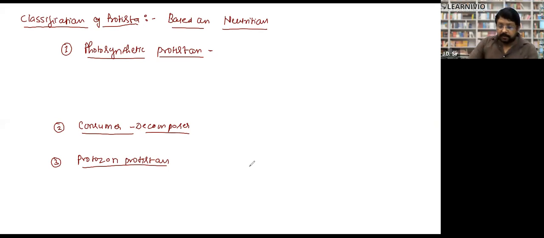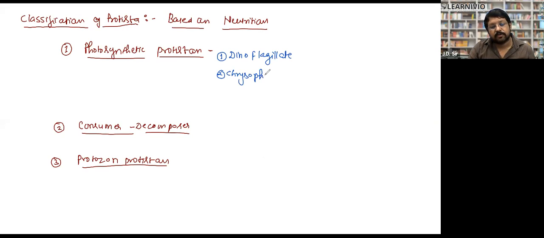Further, under the photosynthetic Protista, we are studying Chrysophytes, Dinoflagellates, and then the third one, Euglenoids.